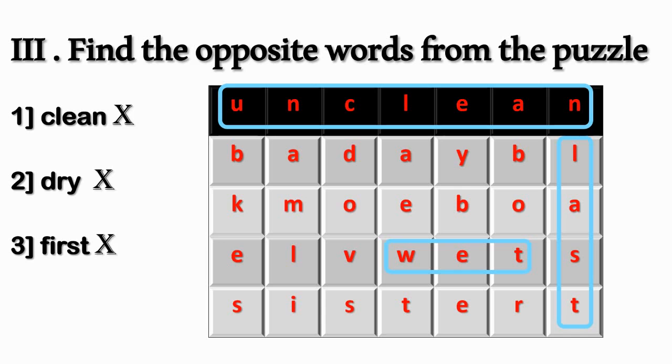Opposite of dry. Who will tell me? Yes, from the puzzle I already gave you. Yes, opposite of dry is wet. You have to find it. Okay. Now next, number 3. First. And the opposite of first is last. Very good.